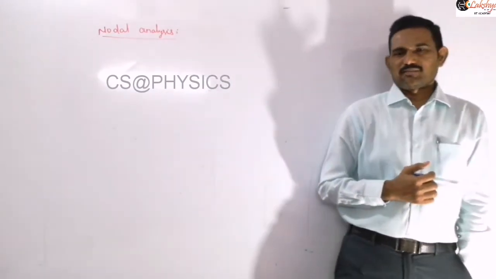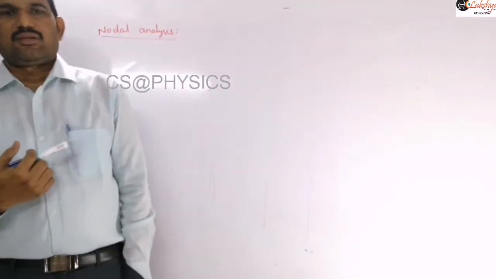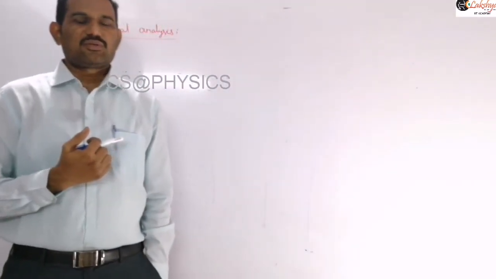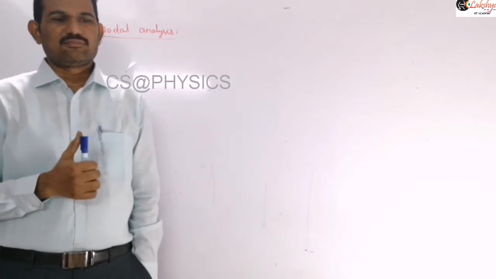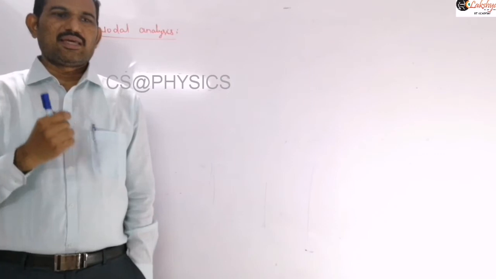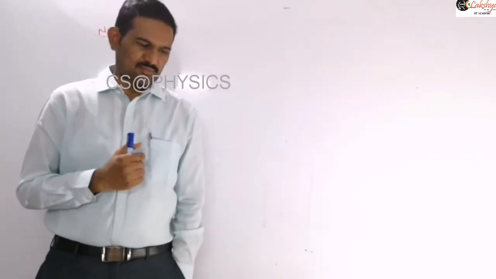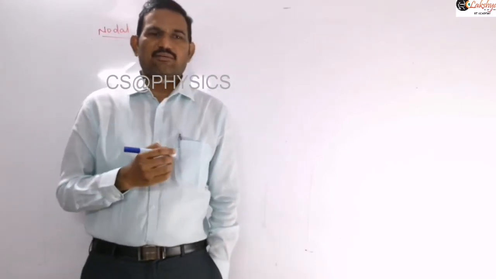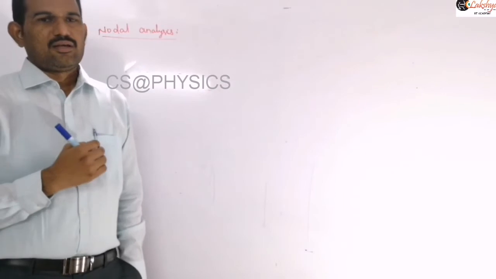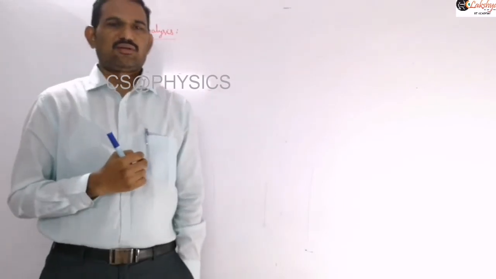With respect to that, we will write the potentials of the different nodes by assuming some variables for the unknown nodes.